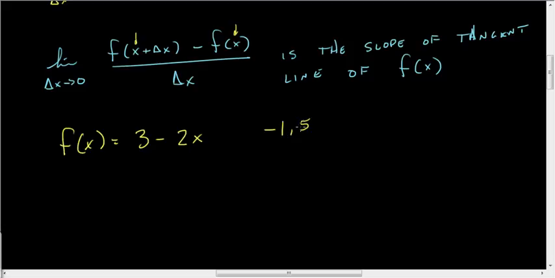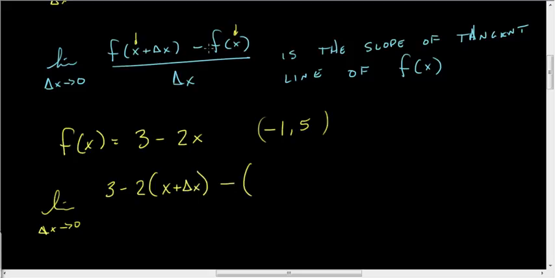All right, so if we wanted to do this, then what we would have to do is find the limit as delta x approaches 0 of f of x plus delta x. And so in place of x, put an x plus delta x in parentheses. So 3 minus 2, x plus delta x, minus, in parentheses goes our function, 3 minus 2x, all divided by delta x.